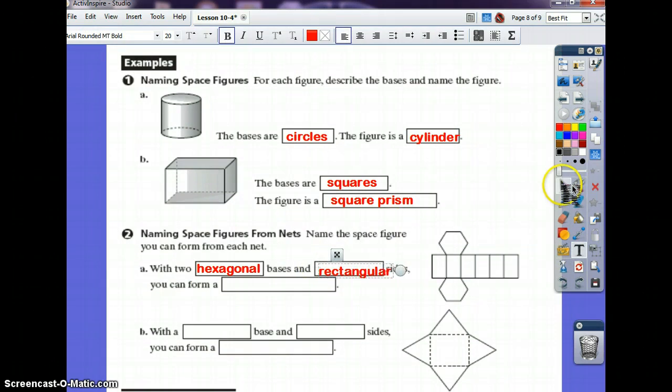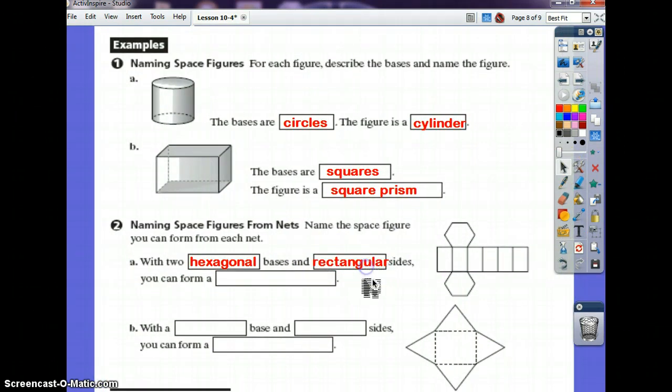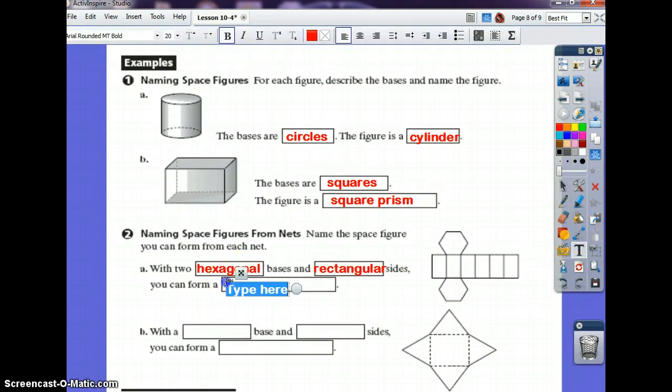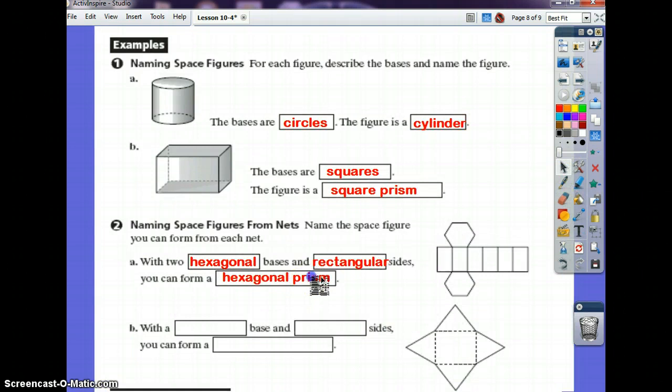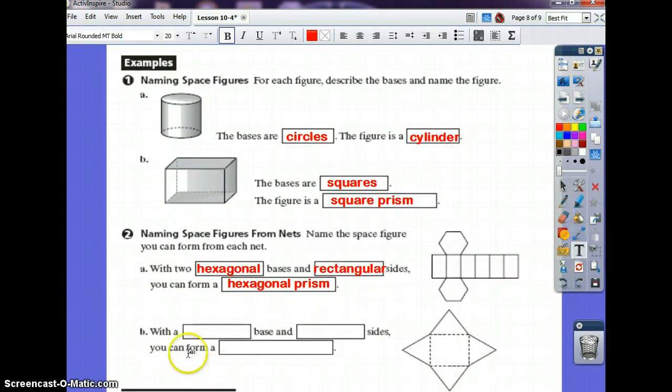So the space figure that we can form from that net with two hexagonal bases and rectangular lateral sides is a hexagonal prism. Hexagonal prism. And again, because it has two hexagonal bases and rectangles for the sides.